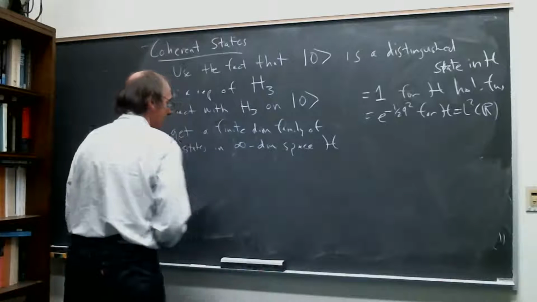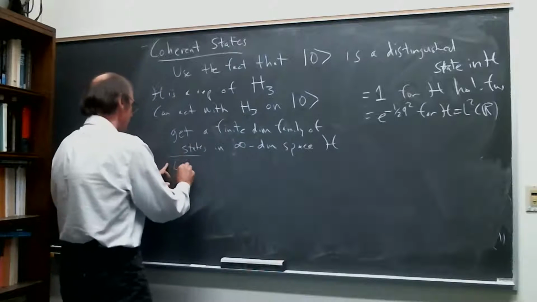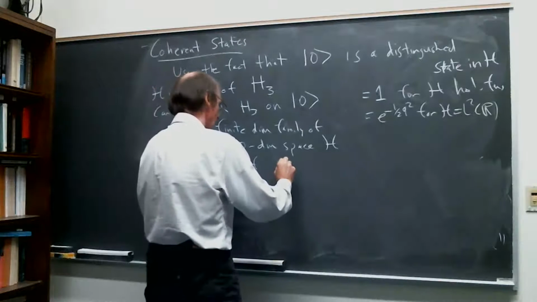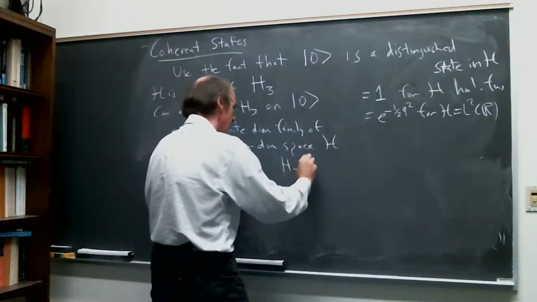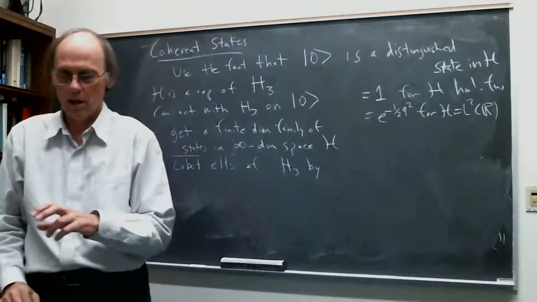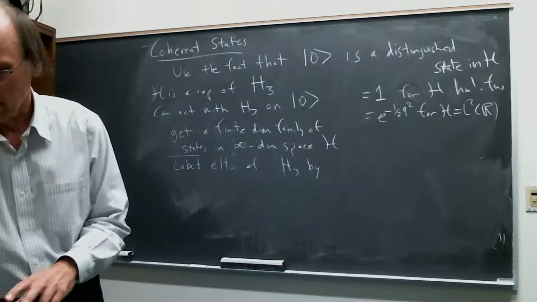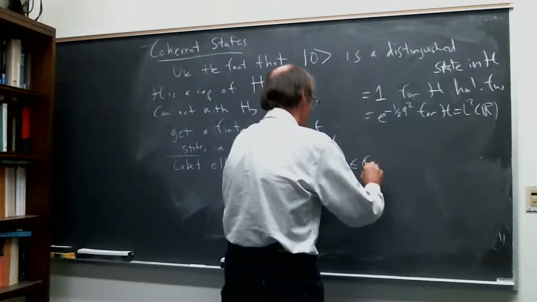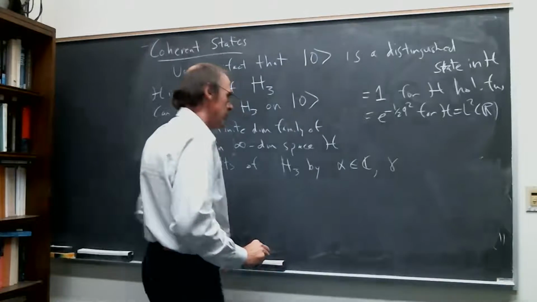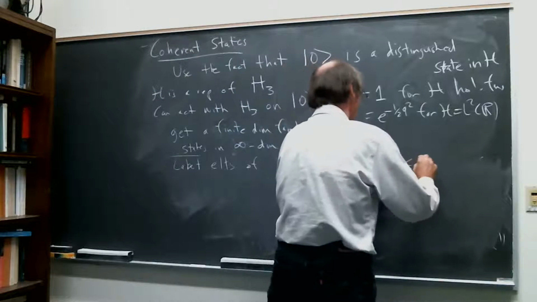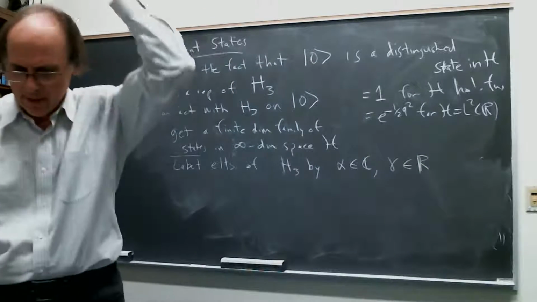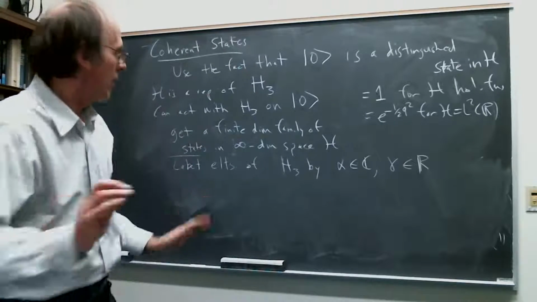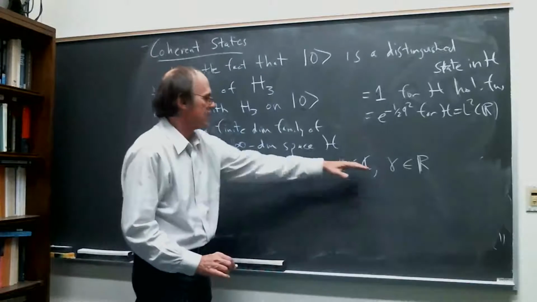But the idea here is that you can label elements of the group H3 by alpha and gamma.